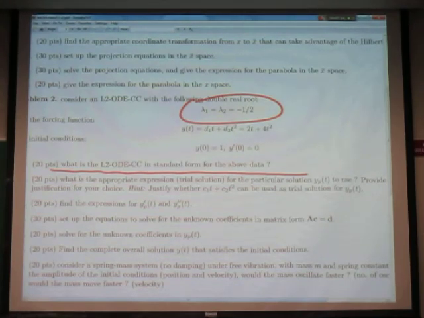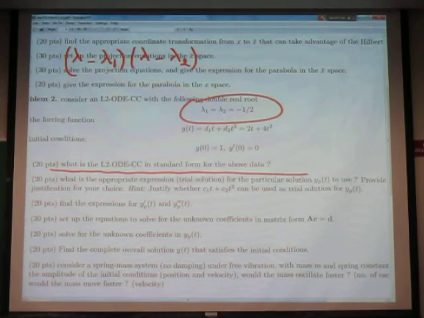It's very simple. Let me write directly on the screen so it goes faster. This would be lambda minus lambda 1, the characteristic equation, and lambda minus lambda 2.